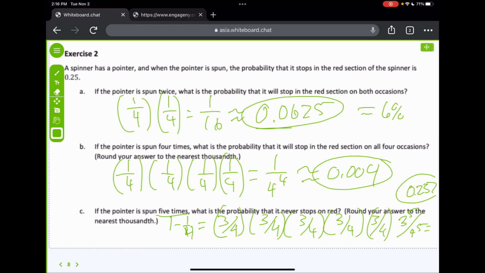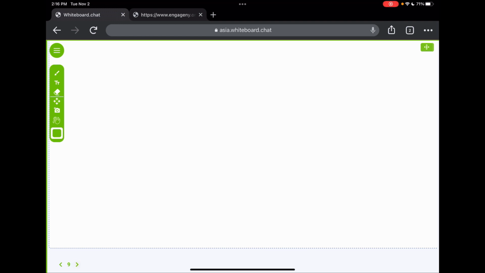So that's a lot more likely, that it's going to not land in red 5 times in a row. Okay? And that is it for this lesson.